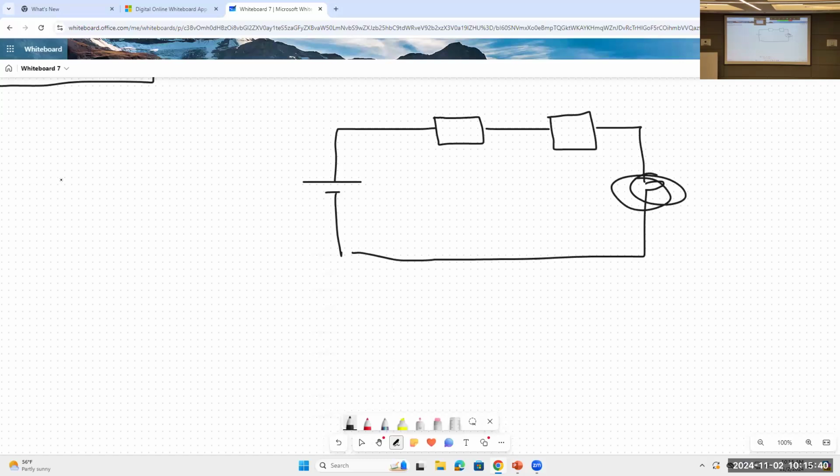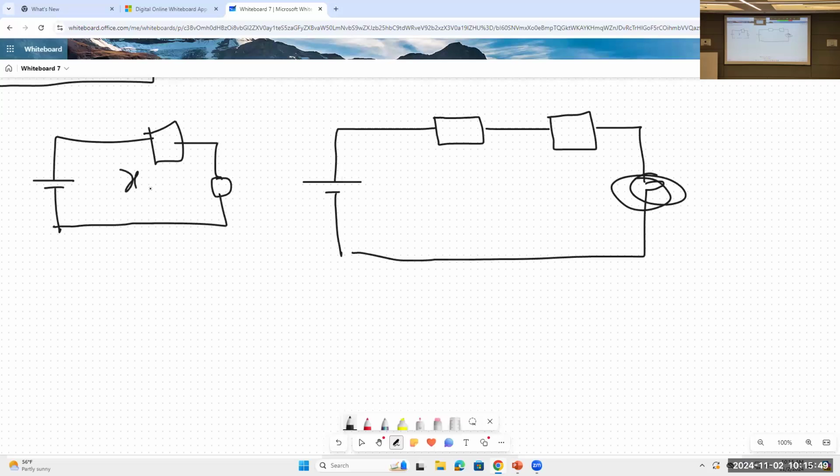With a single switch, it's very, very simple. If x equal to 0, the light will not glow, because x equal to 0 means the switch is not connected, and x equal to 1 means the switch is connected.